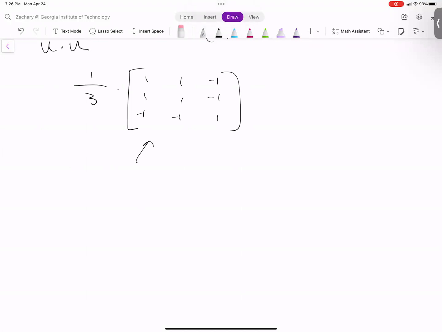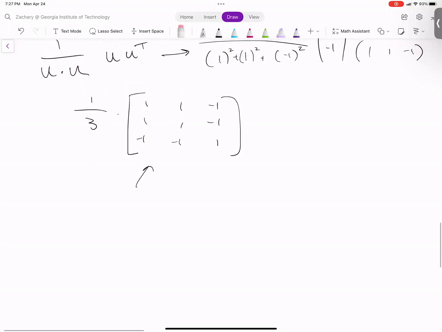Let me find where that is really quick. Orthogonal projection. This is probably the worst formula you will see for this. Here we go.